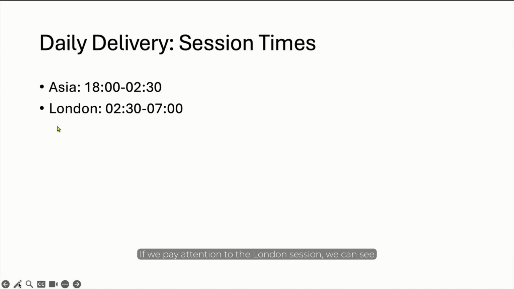If we pay attention to the London session, we can see that the London session for me is from 2:30 a.m. to 7 a.m. Notice that we have 3 cycles of 90 minutes in here.